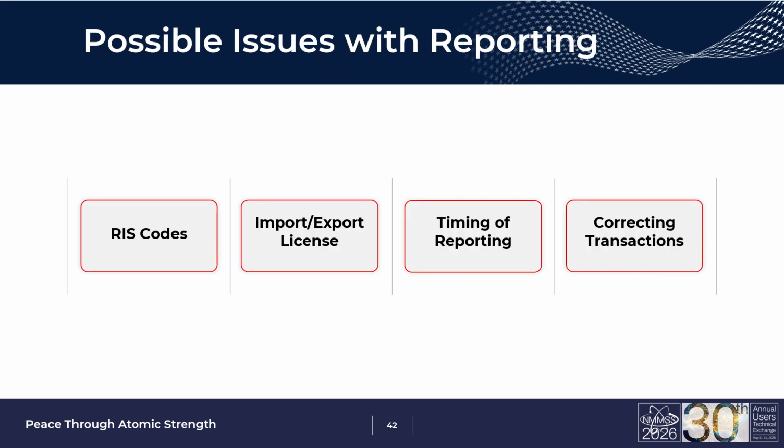There are numerous other possible issues that could occur during reporting of the DOE NRC Form 741 involving the use of risk codes, import-export licenses, the timing of reporting, and the correction of transactions, among others. Be sure and refer to the NEMIS User's Guide or the NRC New Regs BR6 for more information.